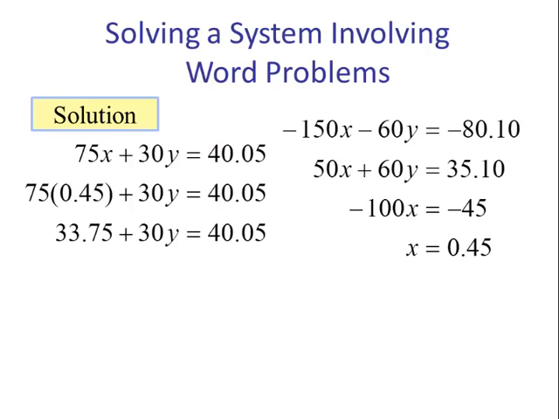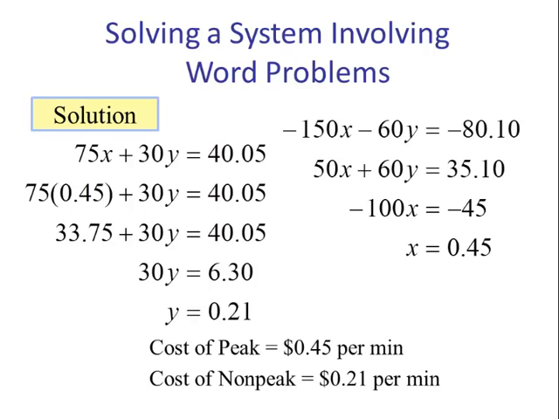Then we need to subtract that from 40.05, and we get 30y equals 6.30. Divided by 30, y is 0.21. So the answer to this question in terms of the problem: the cost of the peak minutes is 45 cents per minute, and the cost for the non-peak minutes is 21 cents per minute.